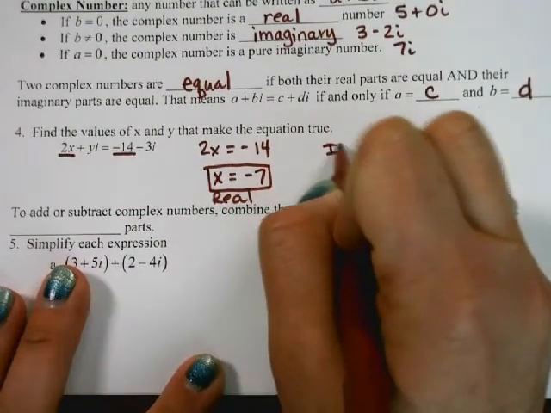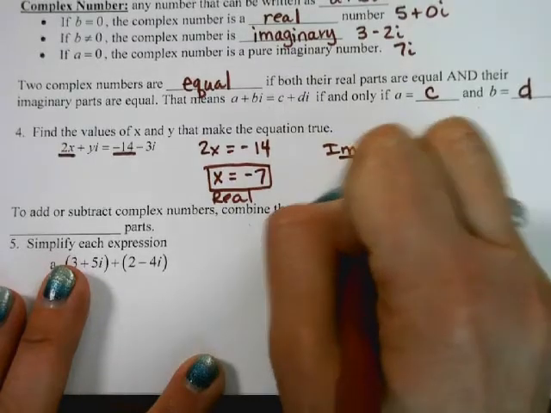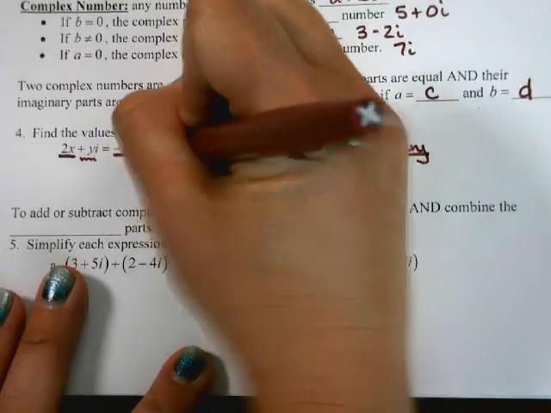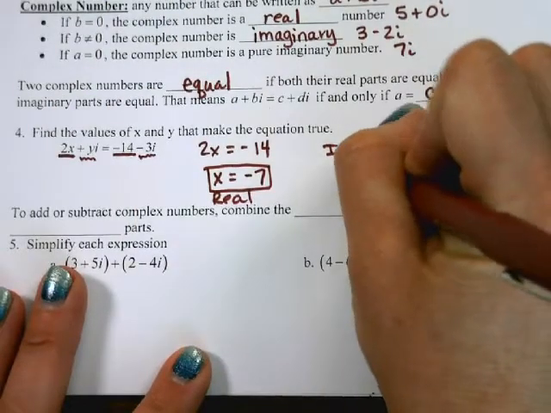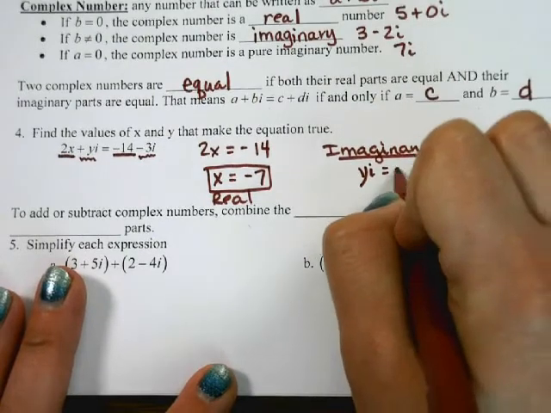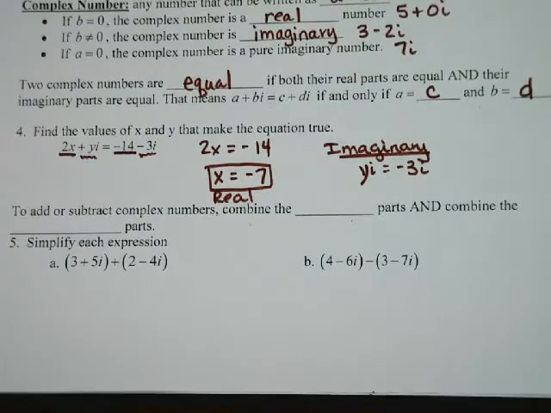The imaginary part, like I said, the i's tell us the imaginary part. So y, if you want to put the i with it, you can, is equal to negative 3i. So yi is equal to negative 3i. So what does y have to be in this case? Negative 3.